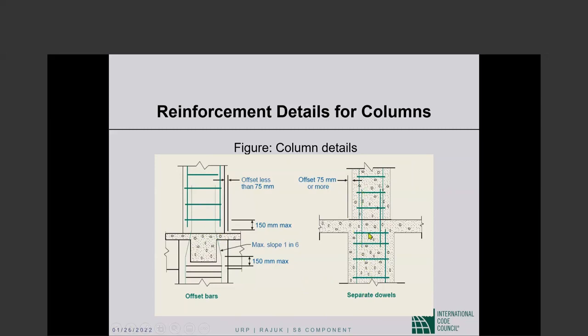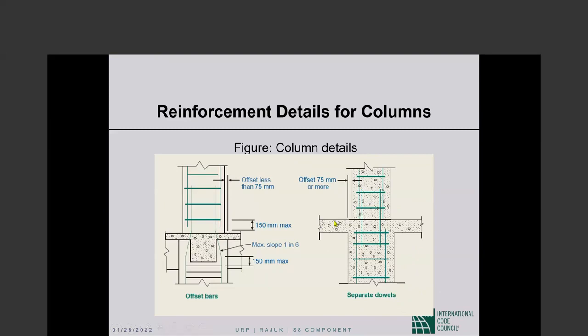Okay, so here we are showing a separate dowel. So this dowel will pick up stress from this bar and then will transfer the stress to that bar. And this will be the thrust if the offset, as I said, is 3 inches or more.